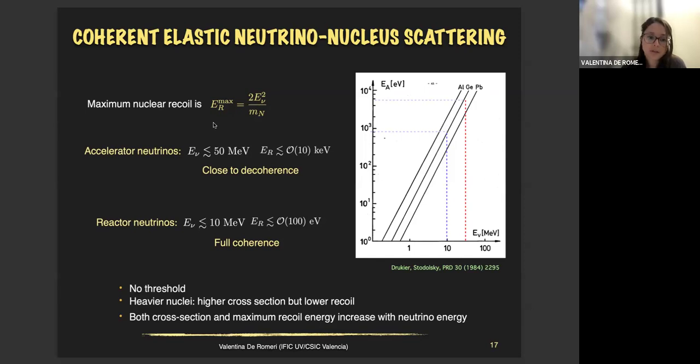For neutrinos from accelerators, we would expect nuclear recoils with energies below 10 keV or so, and we would be close to the decoherence regime. Whereas for neutrinos produced from nuclear reactors, we would expect recoil energies of the order of 100 eV or smaller. And here we would be in the case of full coherence.